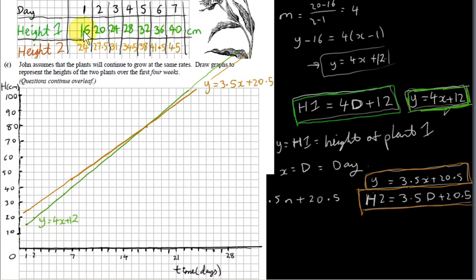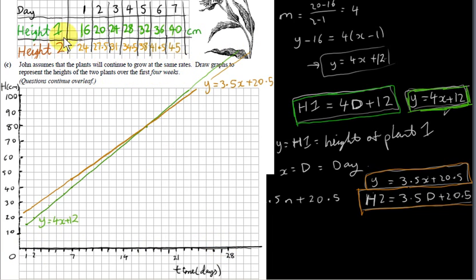So for the first plant, at day 1 the height is 16. So if we go to 1 and up to 16, we have this point. And at day 7 the height is 40. So if we go to 7 and up to 40, we can plot 2 points and then draw a line. And we want to show the growth over 28 days.